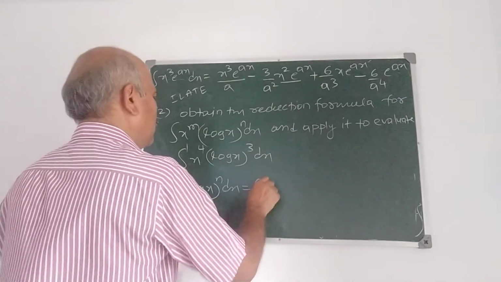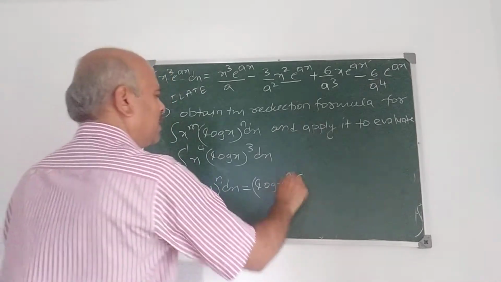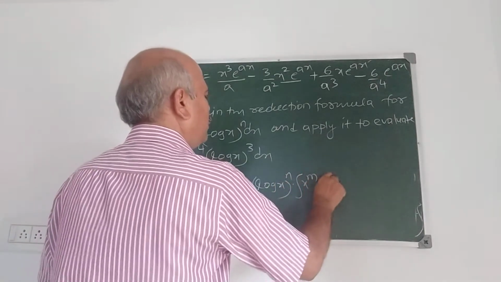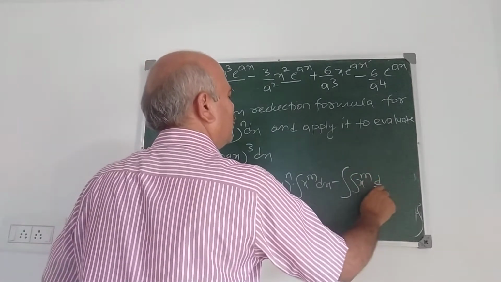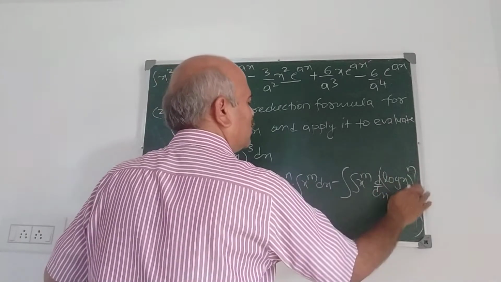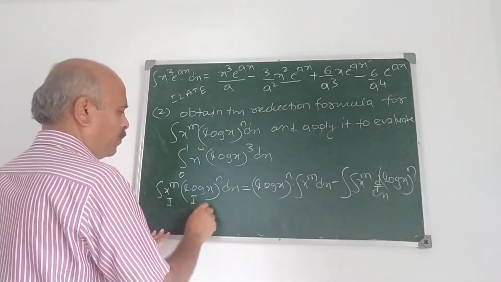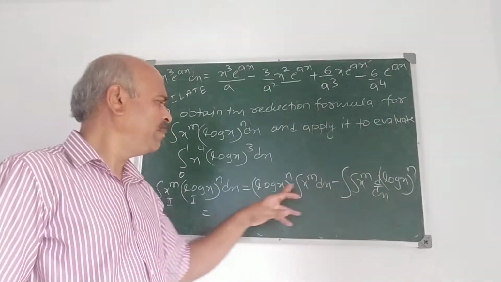Apply by parts. Log of x raised to n, integration of x raised to m minus integration of x raised to m d by dx of log of x raised to n with respect to x. First step important, how to apply the formula.